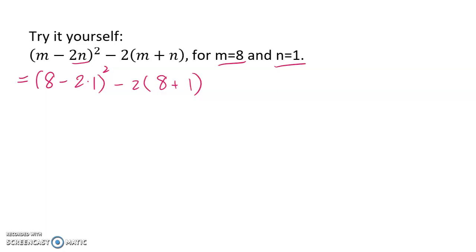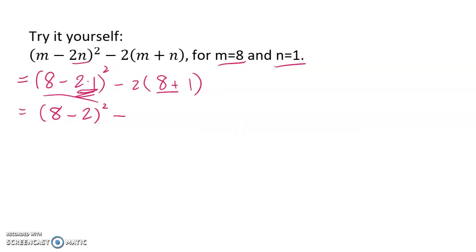Now let's evaluate. We have two sets of grouping. Inside the first set of parentheses, we have two operations: one is minus, one is multiplication. We have to work on the multiplication first because multiplication comes before subtraction. So 8 minus 2 times 1 is 8 minus 2.